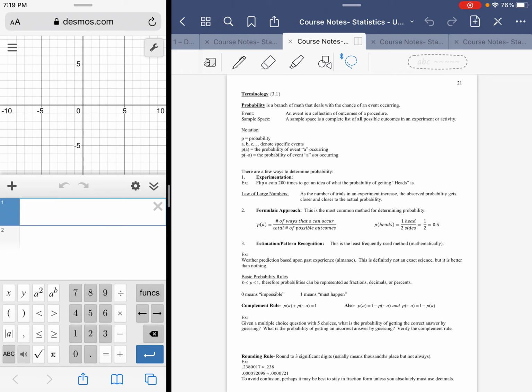An event is a collection of outcomes of a procedure. The sample space is the list of all possible events in an experiment or an activity.